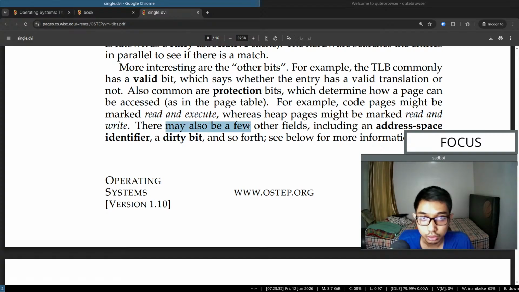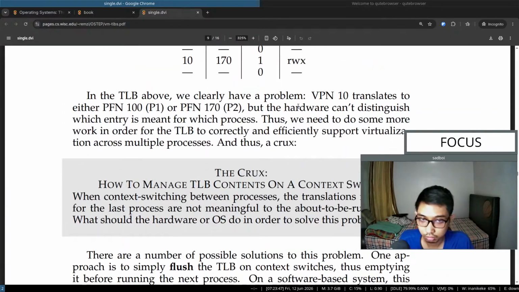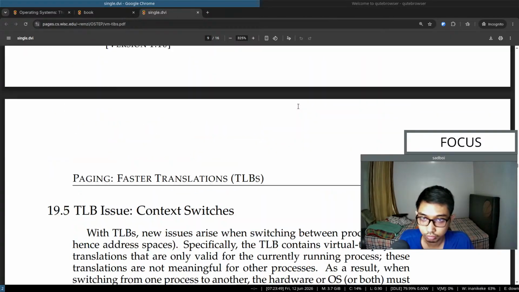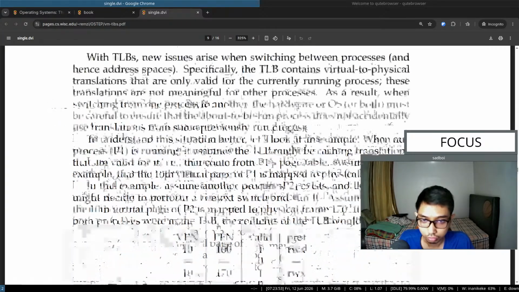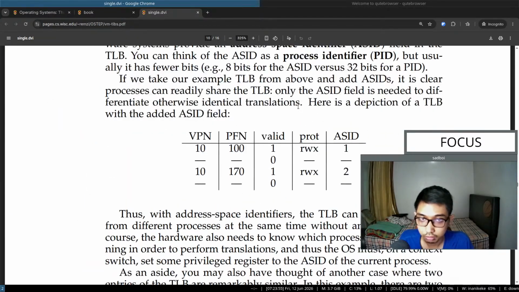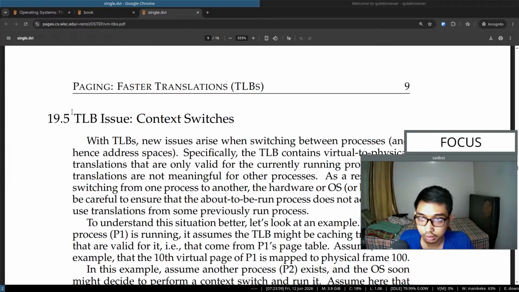There may also be a few other fields, including an address space identifier, a dirty bit, and so forth. See below for more information. Where is the information? Is this the one?